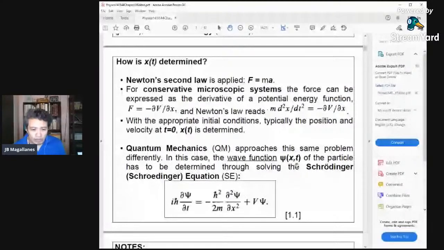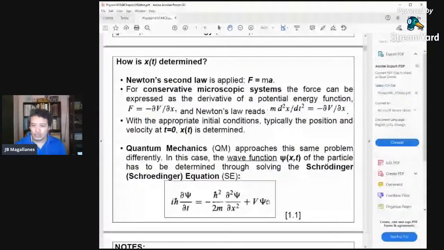And then we solve the Schrödinger equation, this one, to be able to get the wave function. Here you have the wave function, and on this side you also have the wave function here.